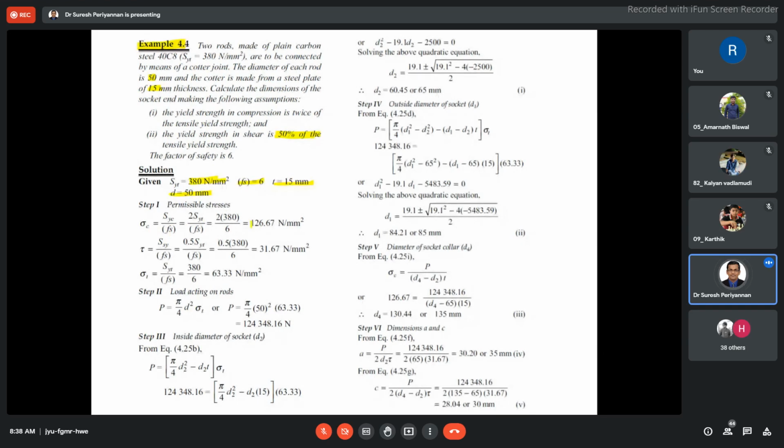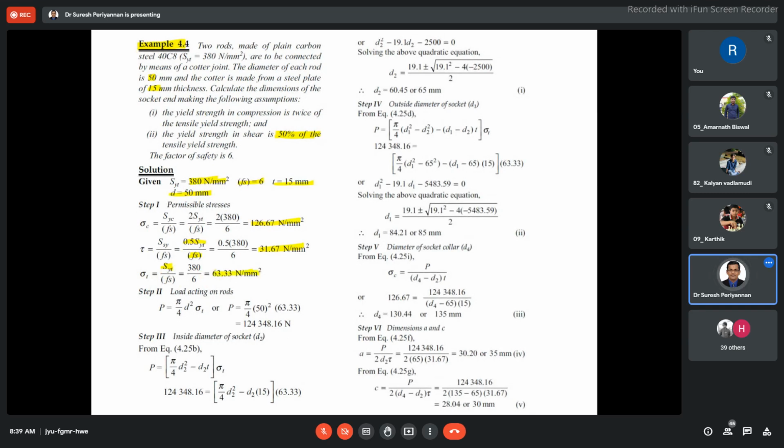Permissible compressive stress is 126.67 Newton per mm square. Permissible shear stress is 0.5 times SYT divided by FOS, which is 31.67 Newton per mm square. And the tensile stress, yield strength 380 divided by 6, is 63.33 Newton per mm square.